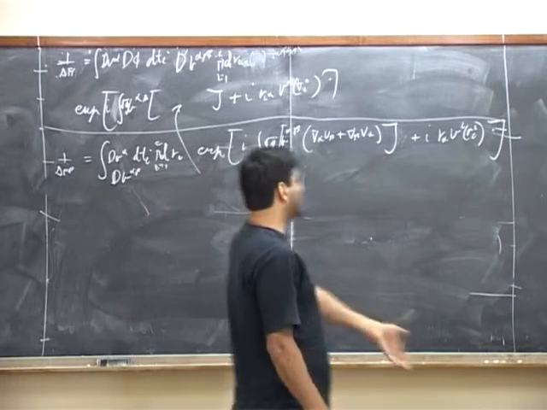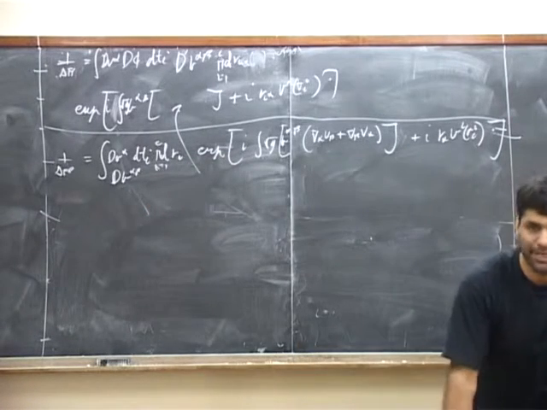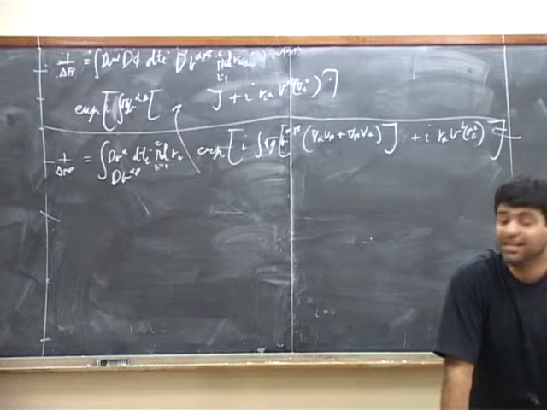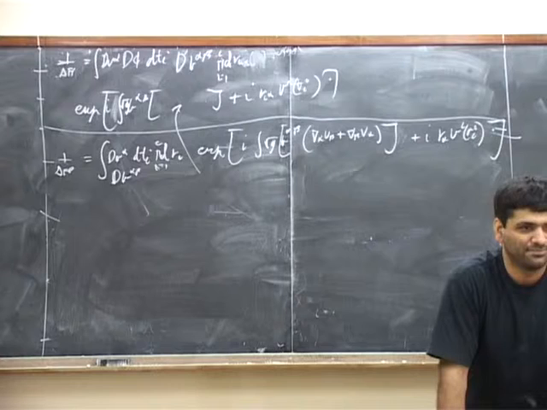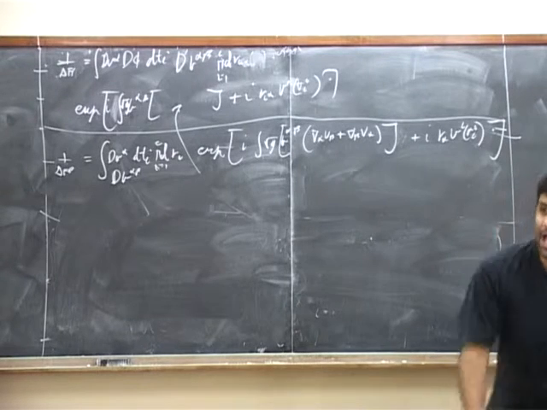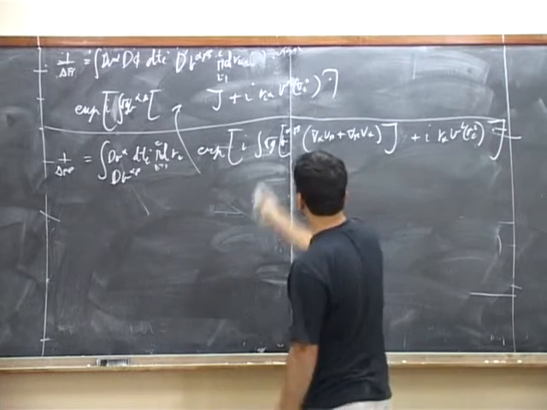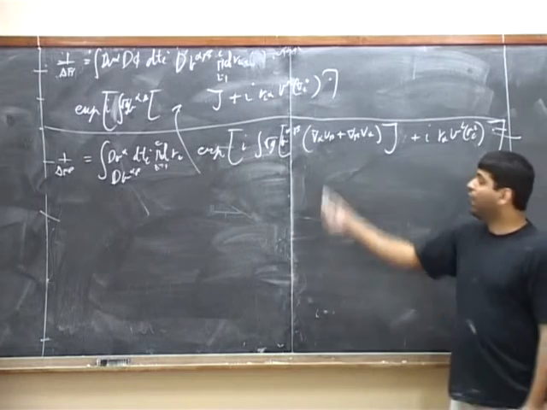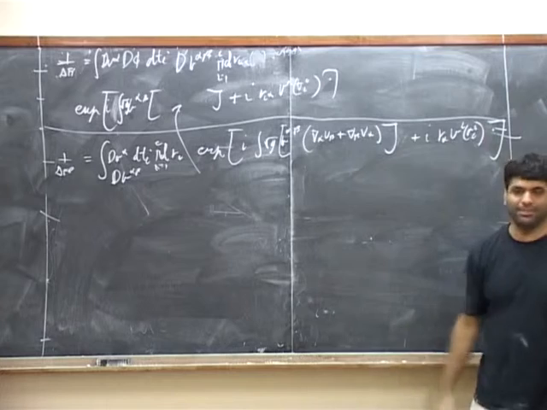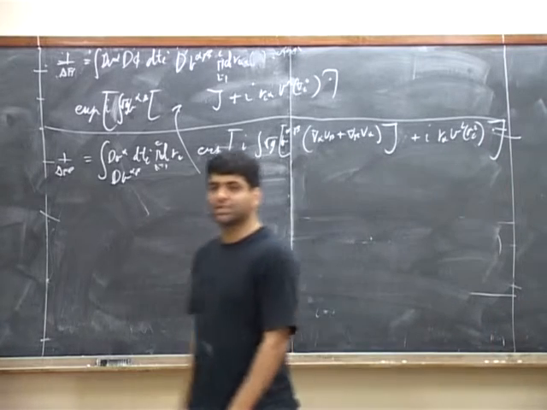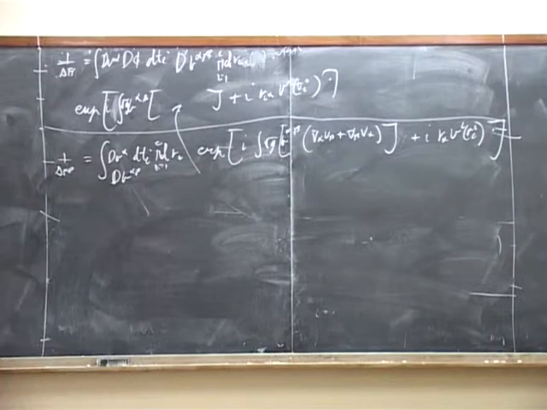This is a beautiful integral expression for 1 over delta f. However, the thing that we want to insert into the path integral is not 1 over delta f, but delta f. Okay? However, this path integral expression is simply a quadratic integral, an integral that's quadratic in its arguments. We know that an integral that's quadratic in its arguments is simply an inverse determinant.